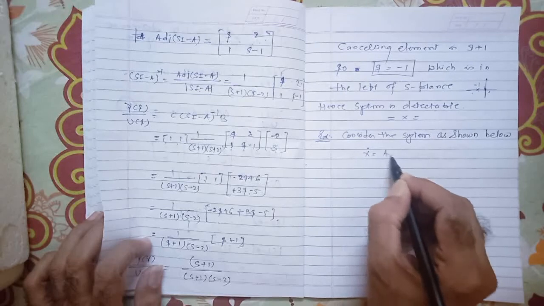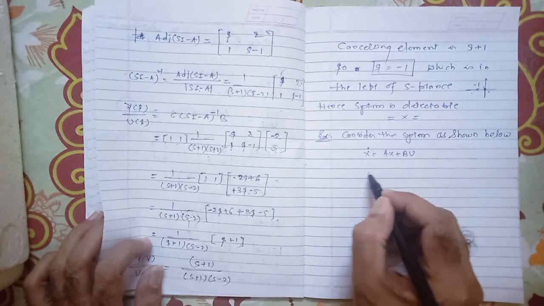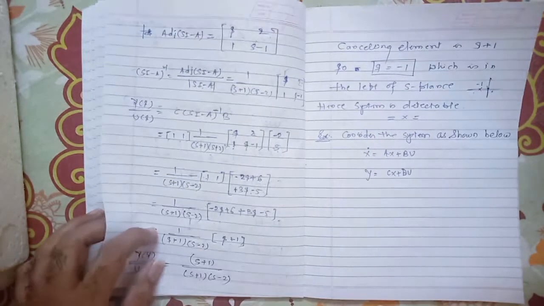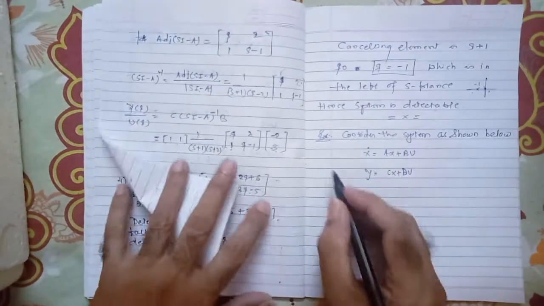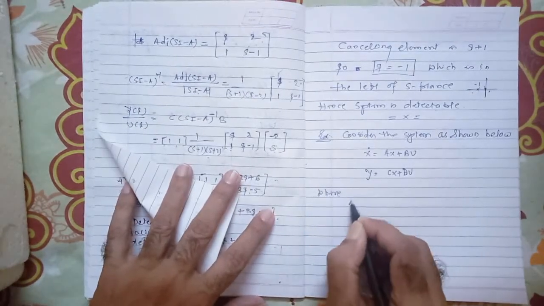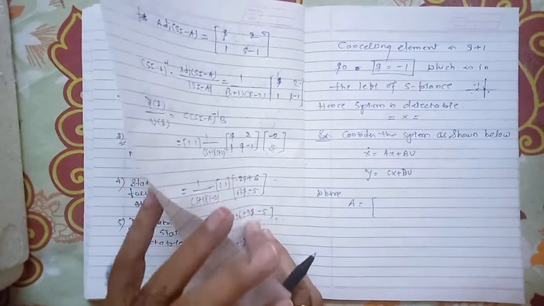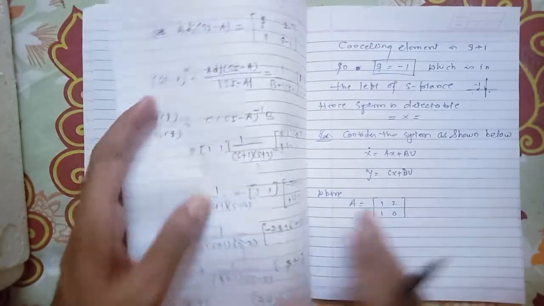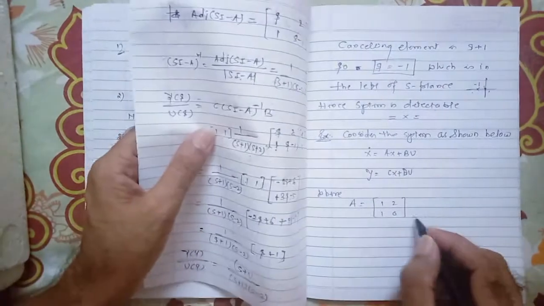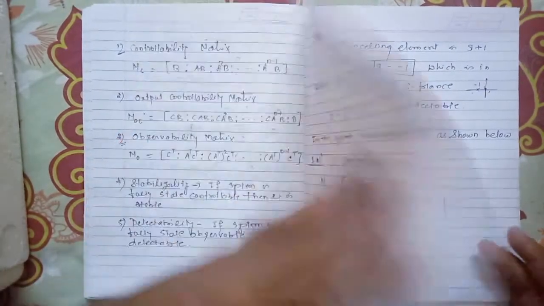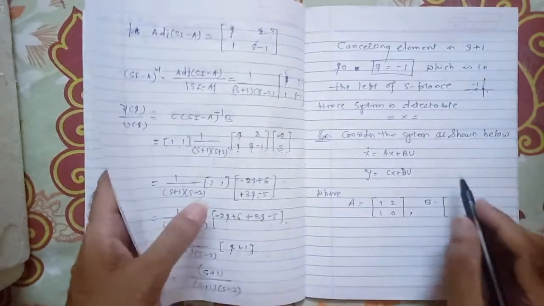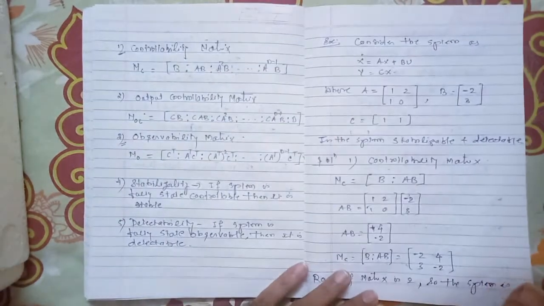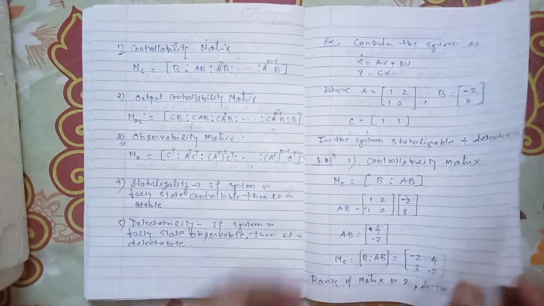x dot equals Ax plus Bu and y equals Cx plus Du, where A equals 1 2 1 0, B equals minus 2 3, and C equals, here what is C, 1 1, and now we will take it as 1 minus 2.